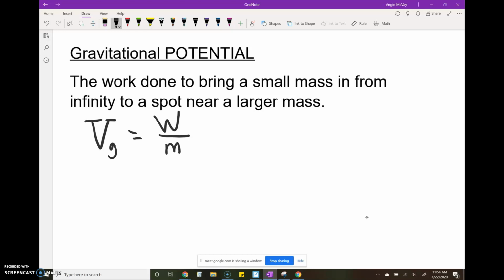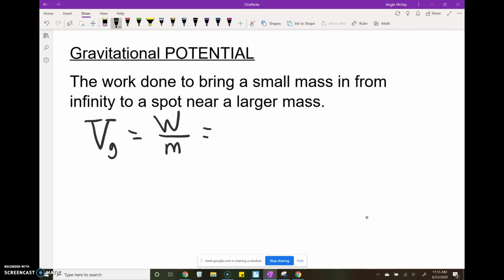It's just a ratio. So if you knew the gravitational potential, V, and you knew how much mass was existing a certain distance away from a planet or something, you could figure out how much work would be done on that mass itself.